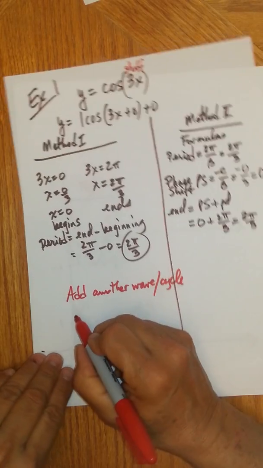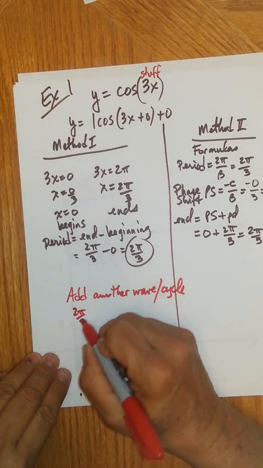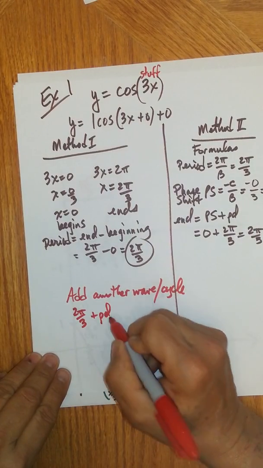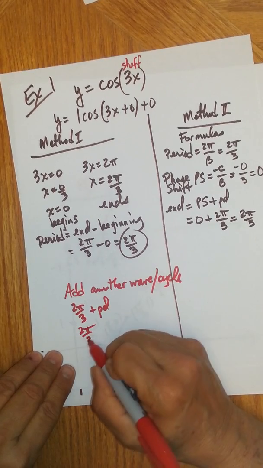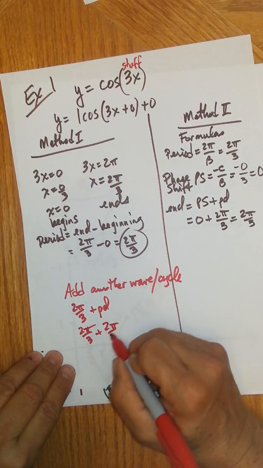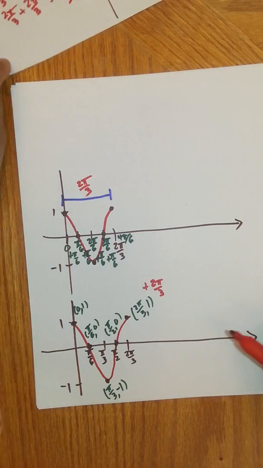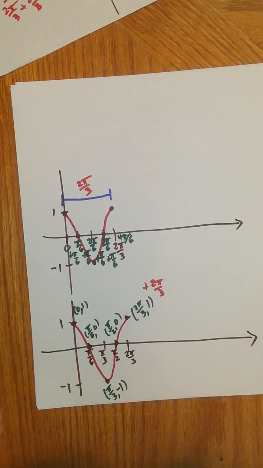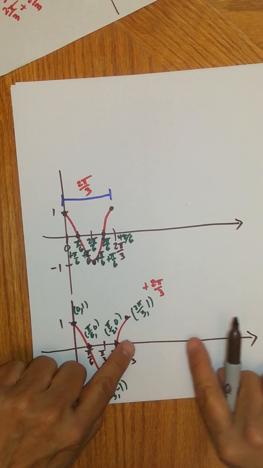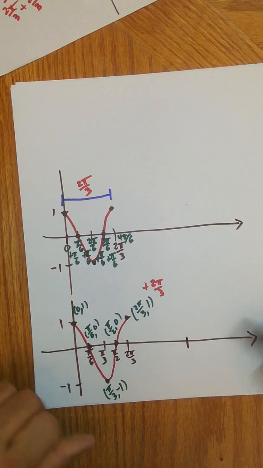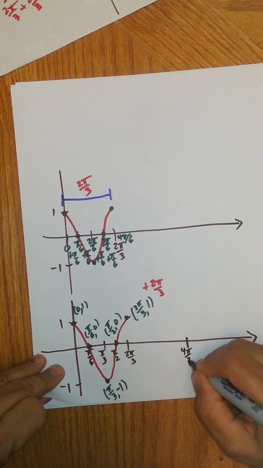So I'm at 2 pi over 3, and I know I want to add the period, which is 2 pi over 3 plus another 2 pi over 3. And that's going to be 4 pi over 3. So visually, I can say, well, it's about this distance, so I'm going to be about here, just to be kind of accurate here. This is going to be 4 pi over 3.